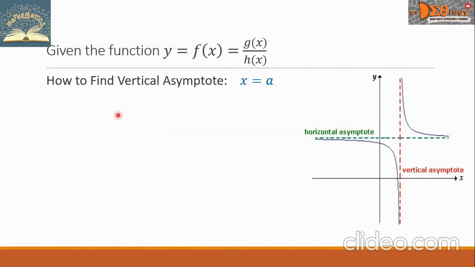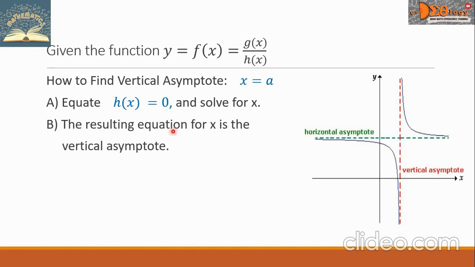Now let us show how to find the vertical asymptote, and the equation is x equals a. First, let us equate h of x equals 0. This h of x is the denominator of the function. And then we will solve for x. The resulting equation for x is the vertical asymptote.